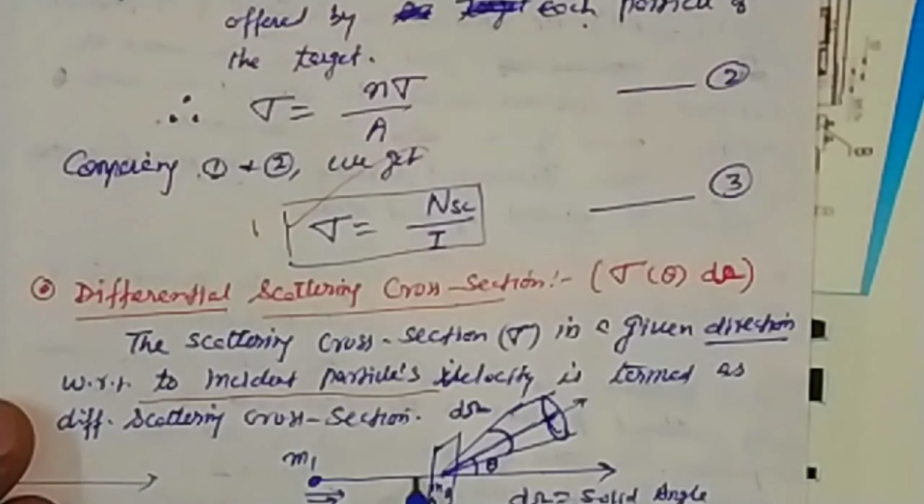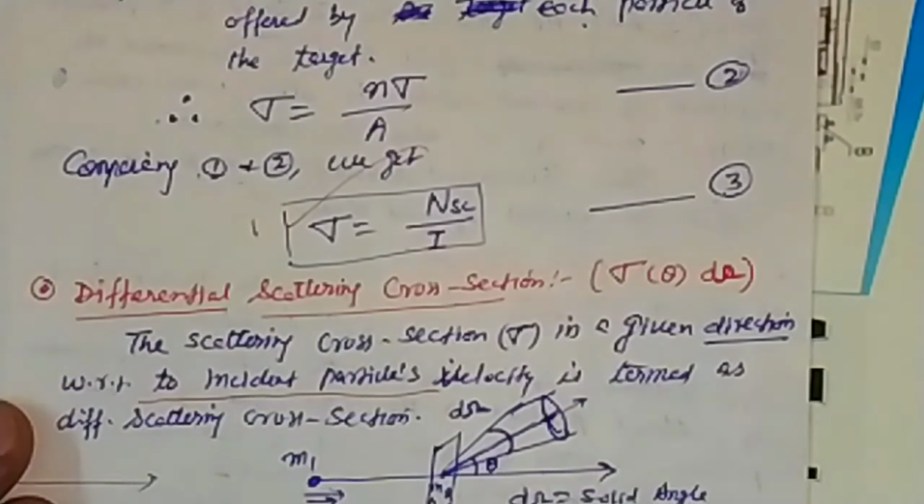The incident particle strikes and collides with it. As a result, it is deflected and scattered in a certain direction. There are two systems to study this type of interaction: one is the lab system, and the second is the center of mass system, which we have already studied.